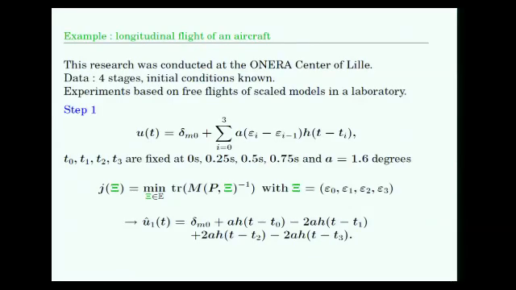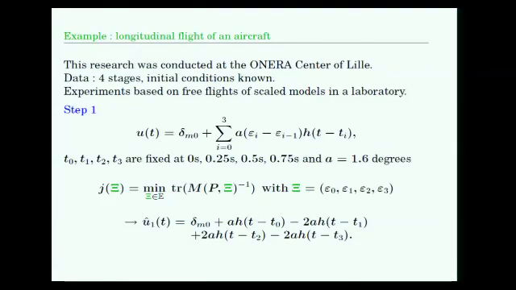Now, this research was conducted at the Onera Center of Lille. Thus, the experiments are based on flights of scaled models in a laboratory at Onera. And for these experiments, we work with 4 stages. We suppose the initial conditions are known and the time duration of the experiment is 1 second.